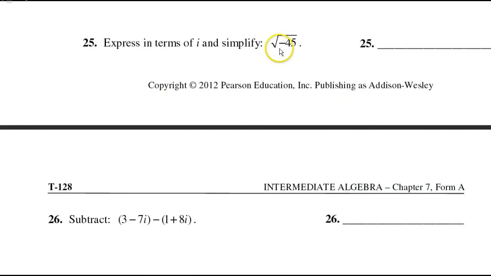We are going to be dealing with the letter I, imaginary numbers. So what would this be? Well, the first step is you take out the square root of negative 1. And then you get the square root of 45, which is the square root of 9 times the square root of 5. So our I is the square root of negative 1.